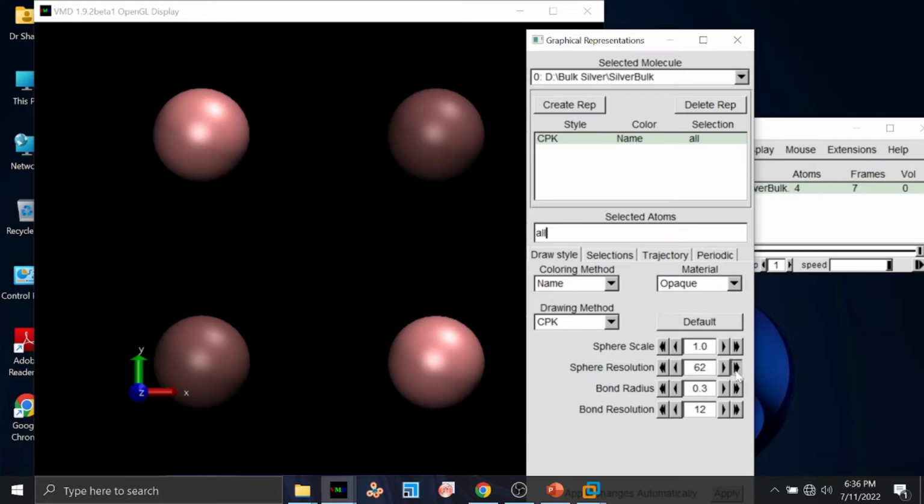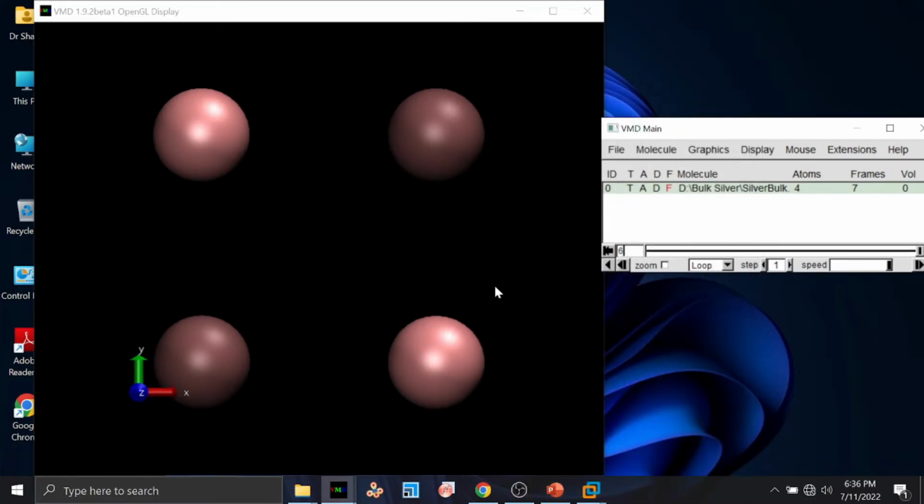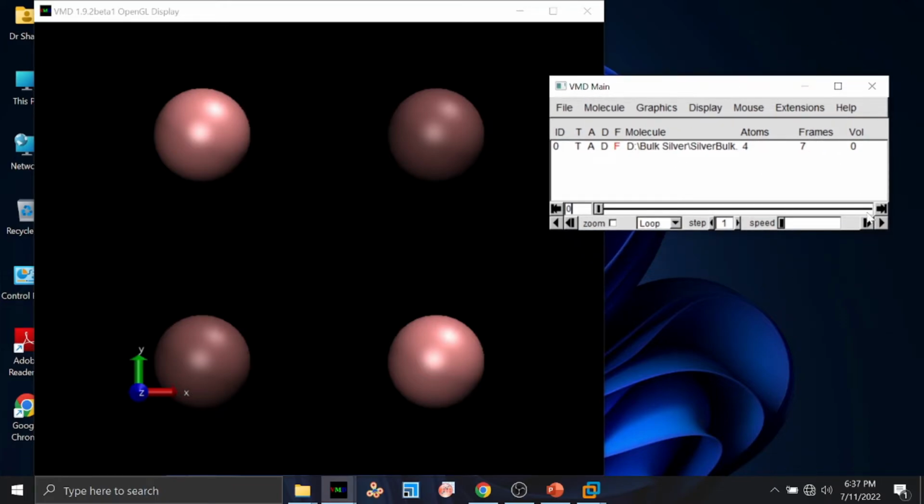As I increase it, you can see the sphere is clearly symmetrical. Anyhow, when I run this job, because the number of steps is very small, optimization came quickly. So I will click through one by one.